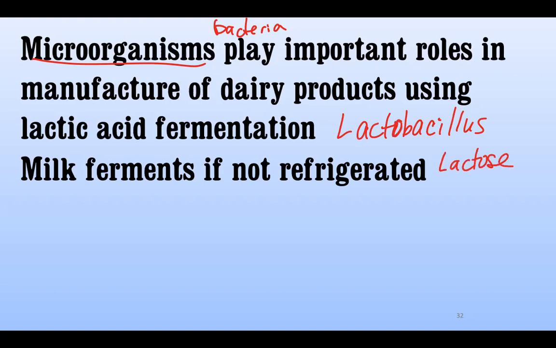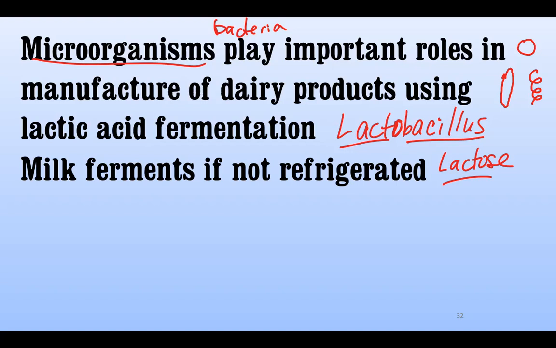Do you see a pattern here? Lacto means milk, either Greek or Latin, I don't know which one. I would probably go with Latin. And bacillus is an indication of the shape of the bacteria. It's a rod shape. You've got rod shape, you've got coccus, which is round, and you have spirulina, which is spiral. 3 shapes of bacteria. The more you know.